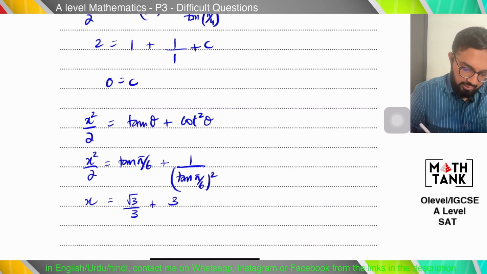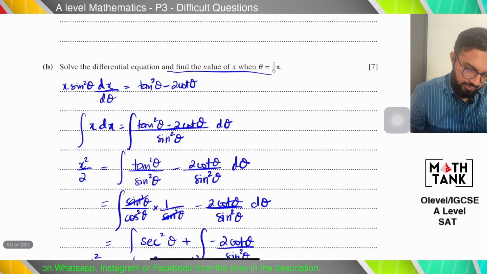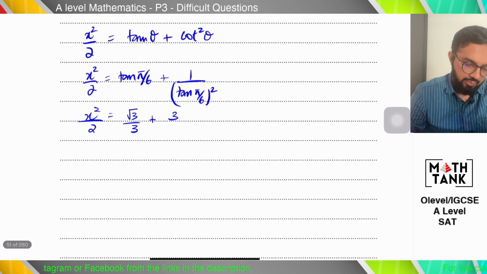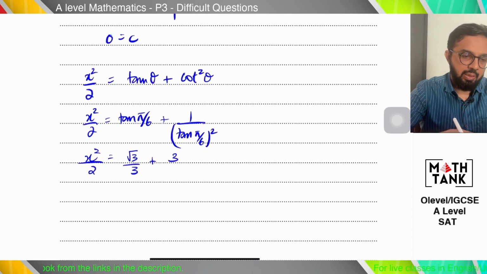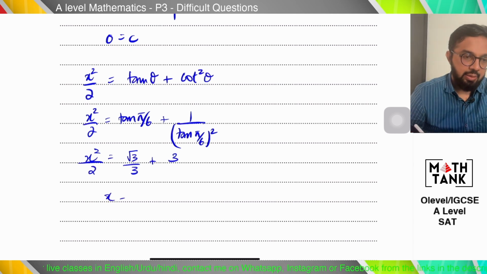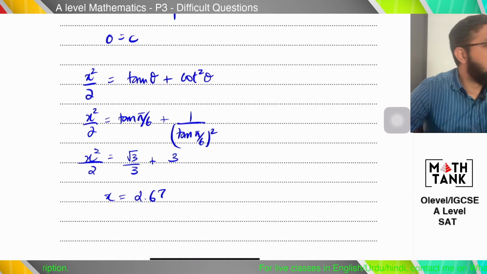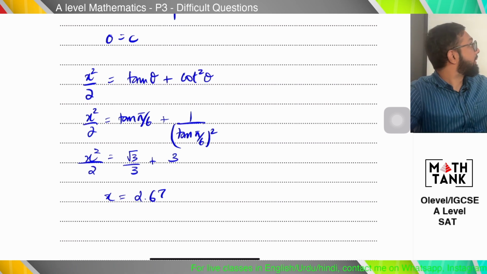Okay, and x squared over 2. Is it the exact value? And find the value of x. So it's just the value of x. Okay, so plus root 3 over 3 into 2 and root of answer. So x comes out as 2.67. And that is the correct answer.